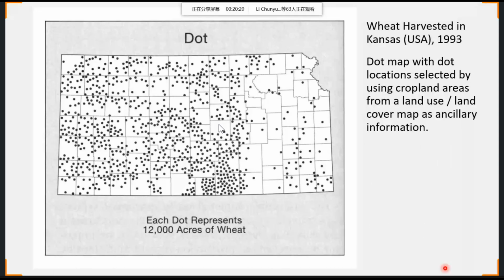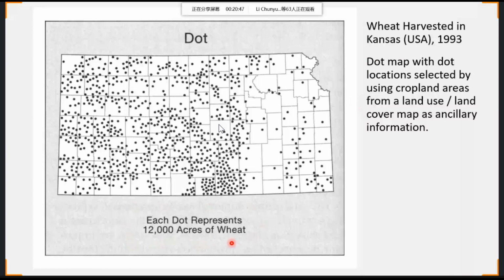Example here, we have the state of Kansas, the United States, and this is about wheat harvested there in 1993. This is a dot map with dot locations selected by using cropland areas from a land use land cover map as ancillary information. So you have a legend like that one here.